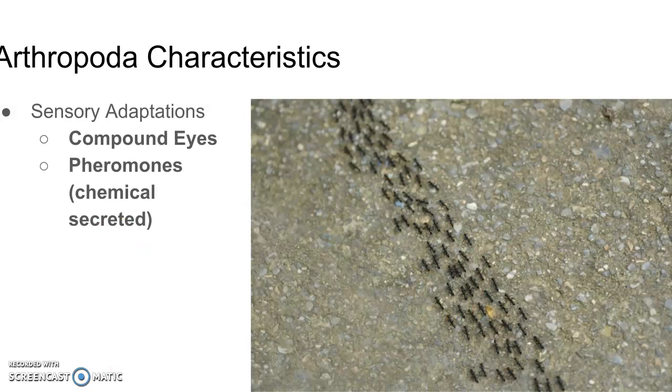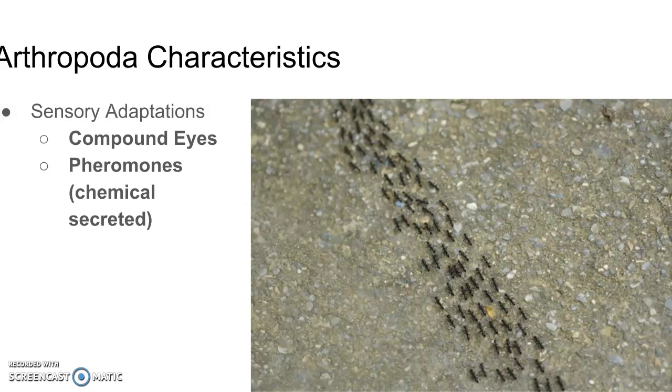Another interesting characteristic that many of these organisms have is pheromones. And pheromones are secreted chemicals that they send. They put out an odor essentially, and this odor allows the organisms to sense with their antenna what they should be doing.